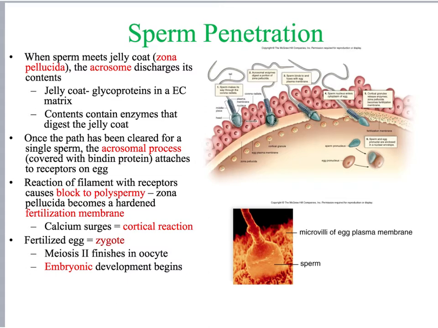We now have the maternal and paternal chromosomes combining and producing what we call a zygote. And it is diploid. Remember, that egg and that sperm were haploid. When they combine, we've got 23 from the egg, 23 from the sperm. We now have 46, a diploid zygote.